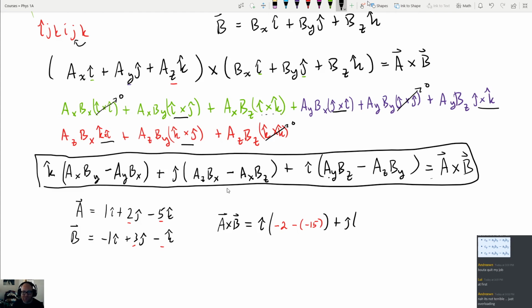It's not super fast, but it's all you can really do. The J hat terms, right? AZBX. What's AZ? Negative 5 times BX, which is negative 1. So negative 5 times negative 1 is 5. Minus the other one, AXBZ, which is 1 times negative 1, so minus negative 1.